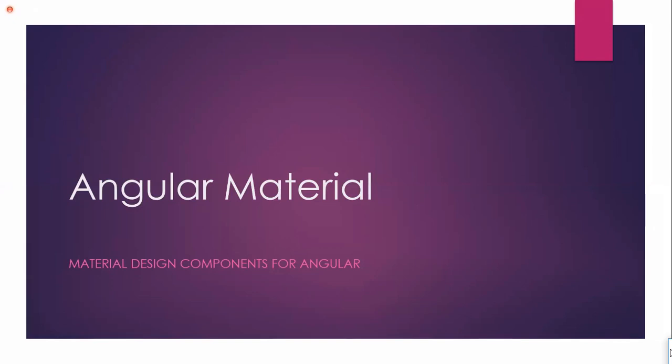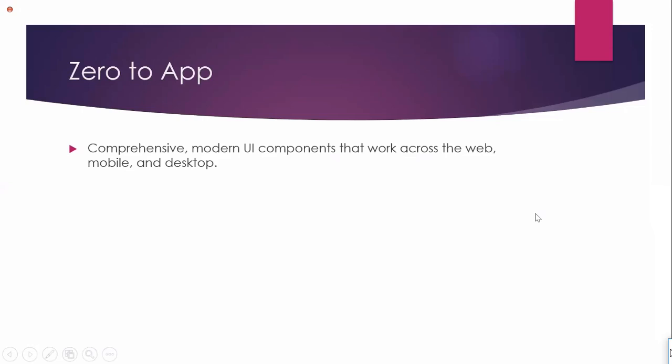Technically, what is the advantage of using Angular material? The main advantage is you can build an application with minimum code. That means zero to application, with UI components that can work across web, mobile, and desktop applications. That means it's a comprehensive collection of modern UI components.